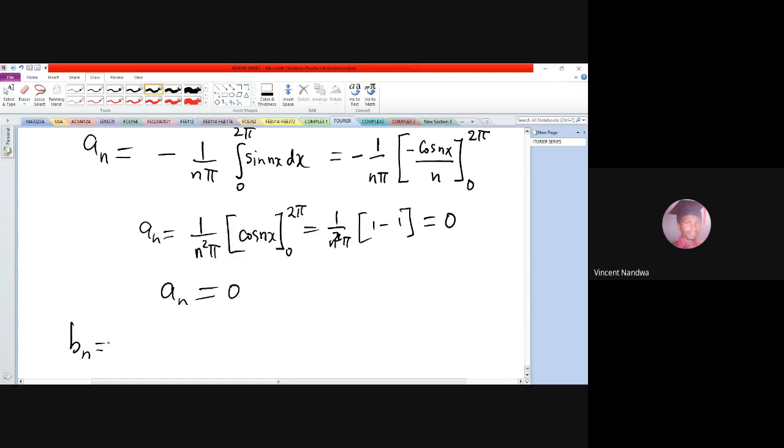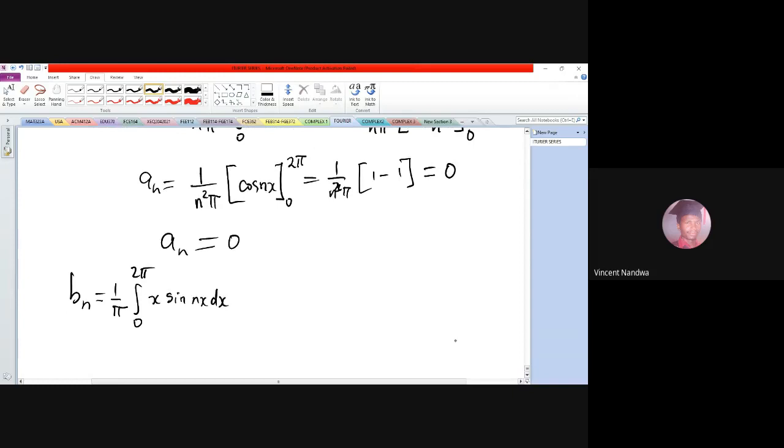And bn will be 1 over pi integral 0 to 2 pi of f of x, which is x, times sine nx dx. Also, we use integration by parts: let u be x, which means du is dx, and dv is sine nx dx, which means v, integrating this, is negative cos nx over n.